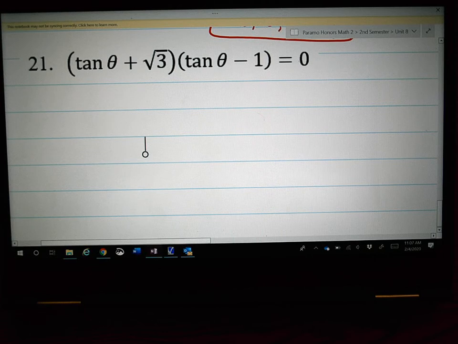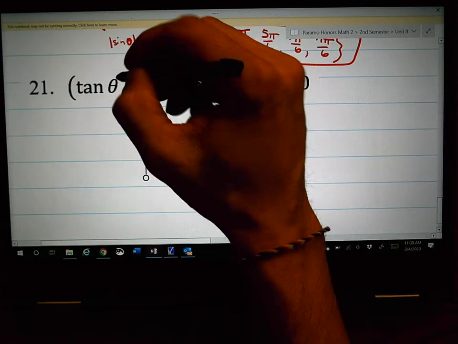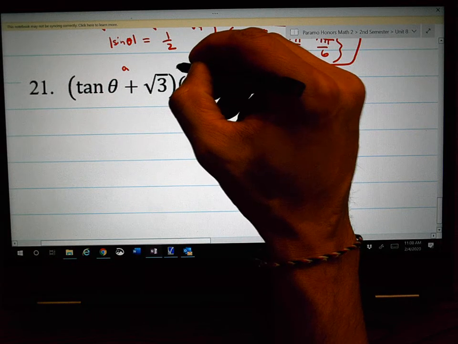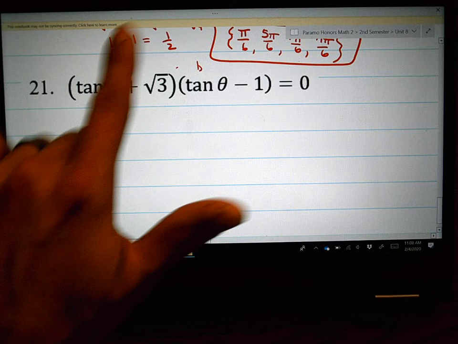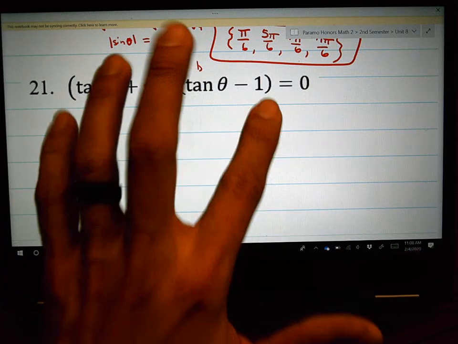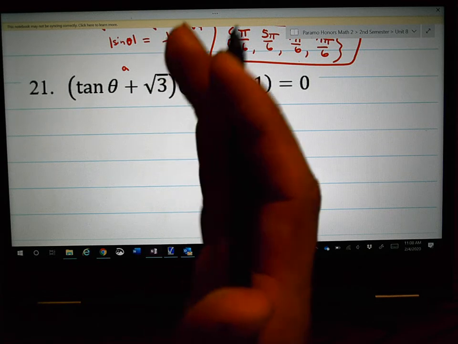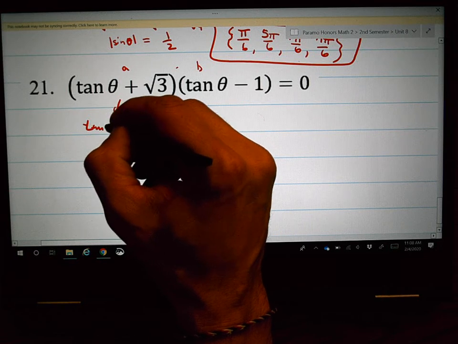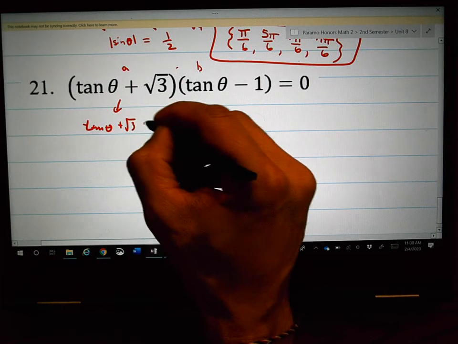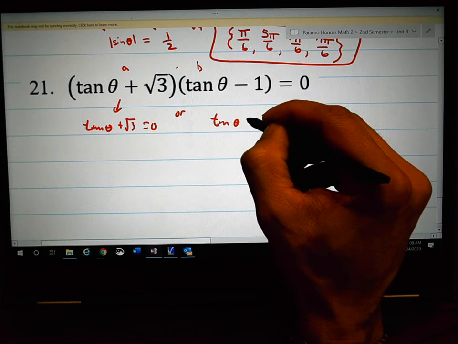Since this times this is equal to 0, we can go directly into the zero product property, which says if A times B is equal to 0, then either A is 0 or B is 0, or they both are equal to 0. Which means, since this is a product, I can write that the tangent of theta plus root 3 is equal to 0, or the tangent of theta minus 1 is equal to 0.